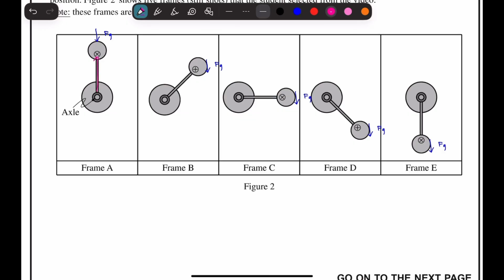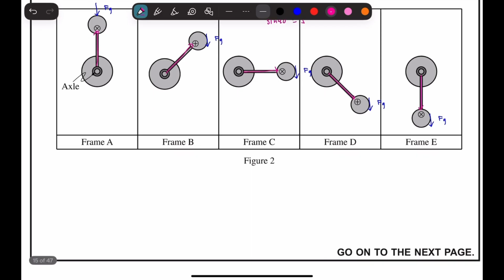Focus on the arm. And how do we know when the torque is the greatest? Well, the torque is greatest when the angle is 90 degrees, because sine of 90 degrees is equal to 1. So it'll be greatest when sine is 1, and that's frame C.